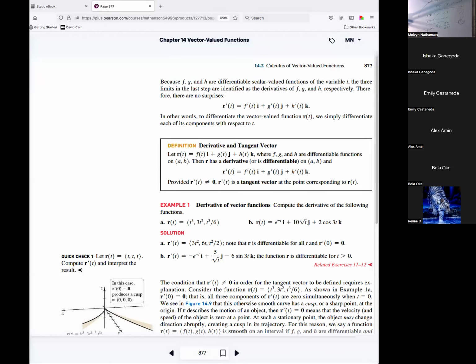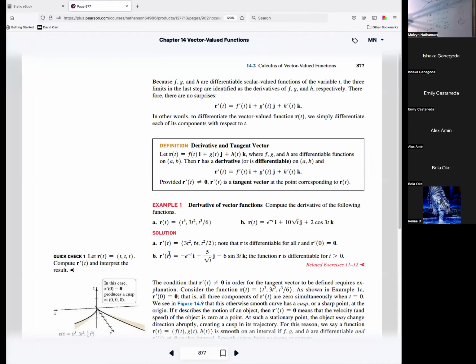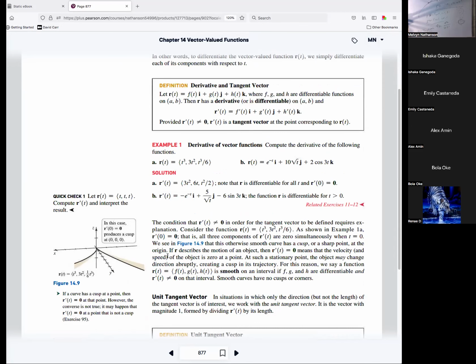And so if r of t, this vector valued function, is given by f of t i, g of t j, h of t k, you differentiate f, g, and h, and those are the coordinates of the tangent vector. And it's pointing in the direction of motion.